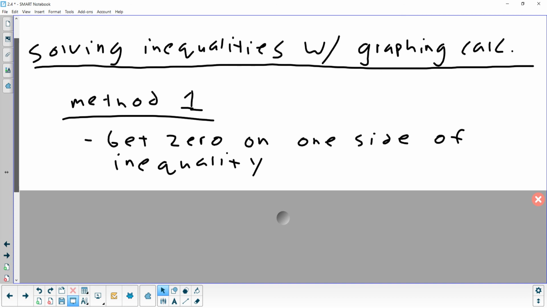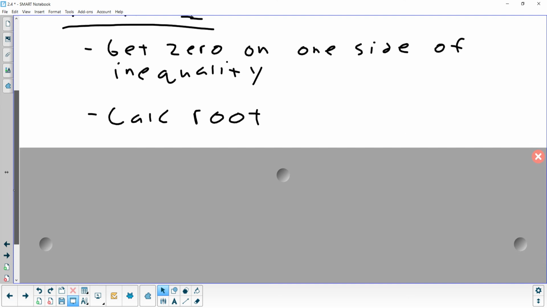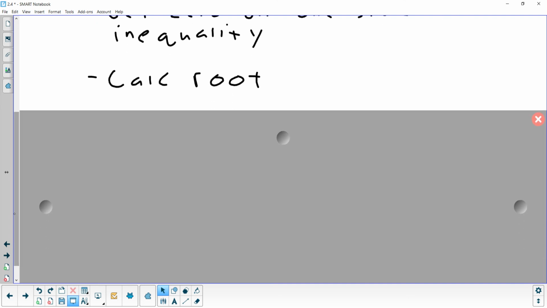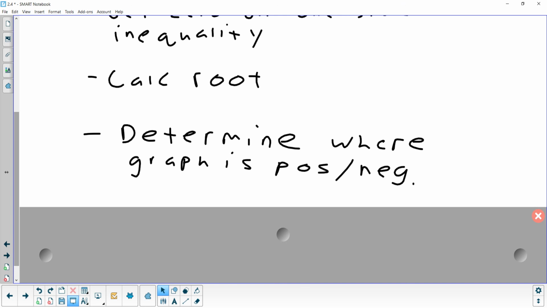Get 0 on one side, and then calculate a root. Once you calculate the root, you're going to know where the graph is exactly equal to 0, because the root tells you where it crosses the x-axis. That's where it's equal to 0.